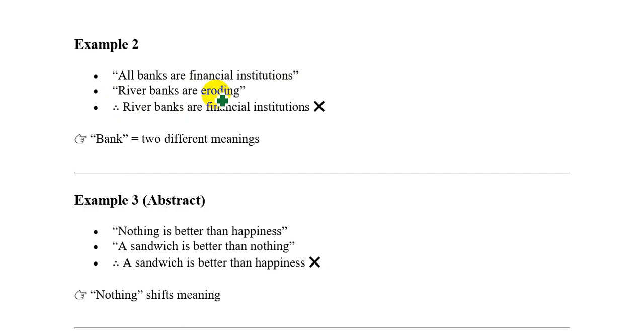River banks are eroding. Therefore, river banks are financial institutions. Here, the word bank has two different meanings.